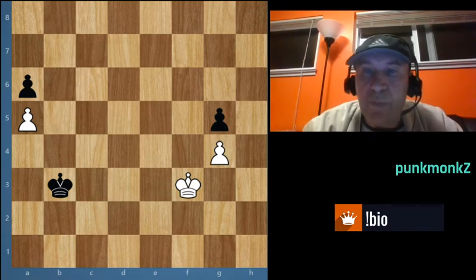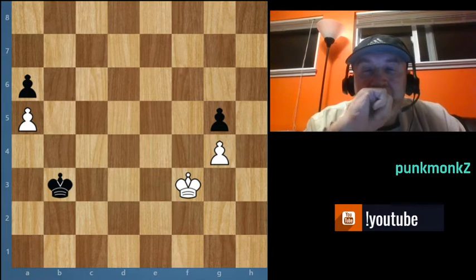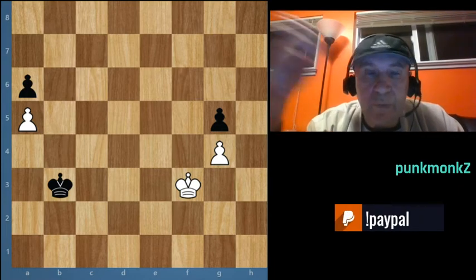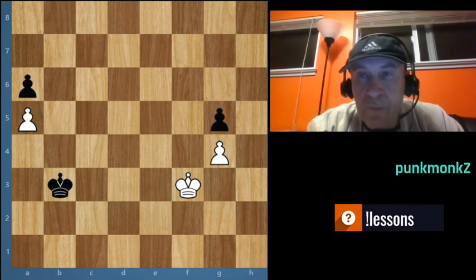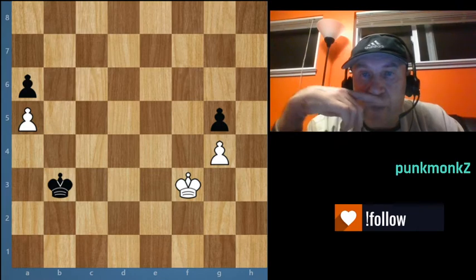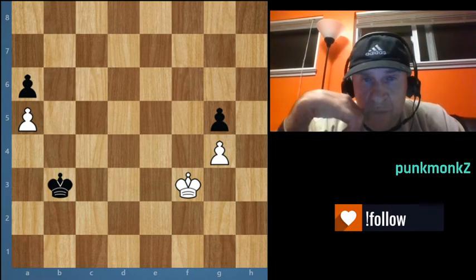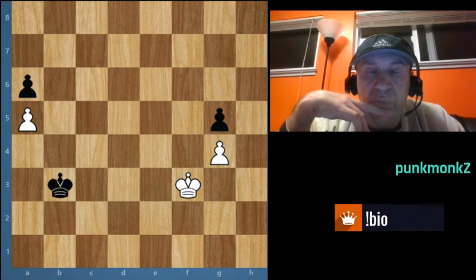Okay, white is going up the board, black is going down the board. So what's the verdict here? The question is, what do I do? I have to have an aim, number one, and number two, I need to evaluate the result of my aim.